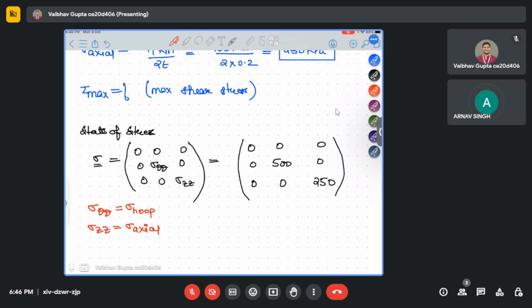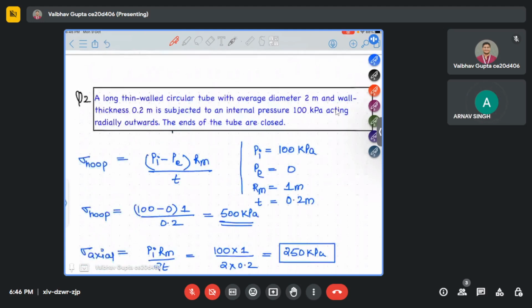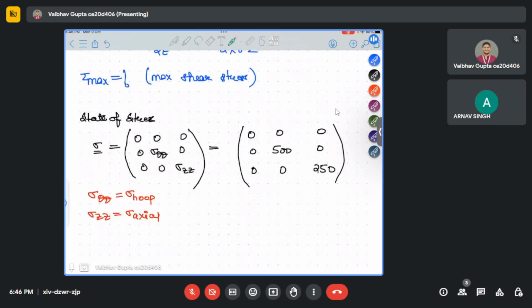Now one more thing. In the question it is written that the ends of the tube are closed. So when the ends are closed and you apply a pressure, the ends will tend to move further. They will try to stretch, but since they are closed, they can't stretch.